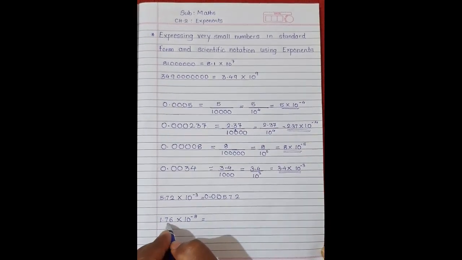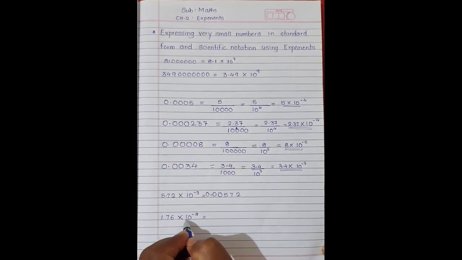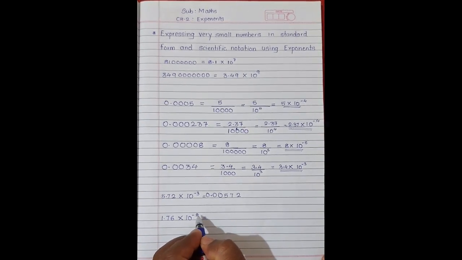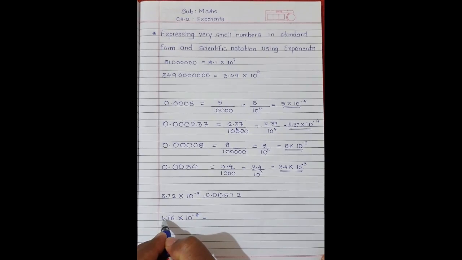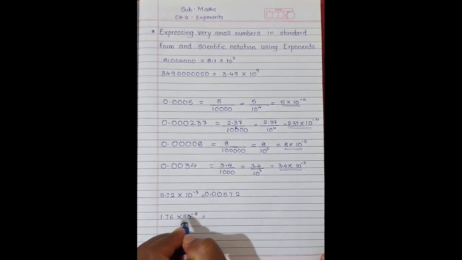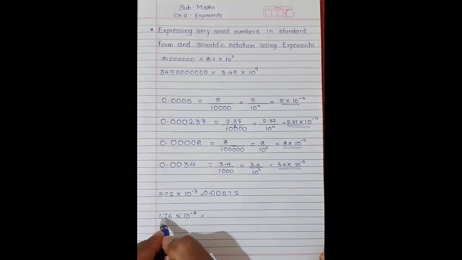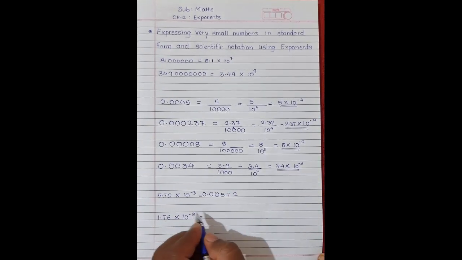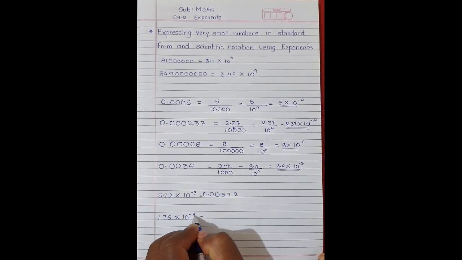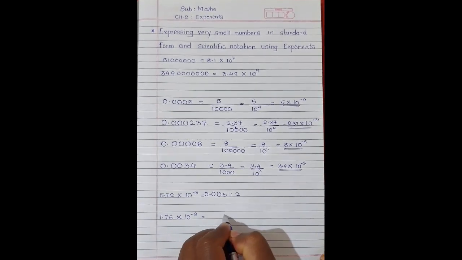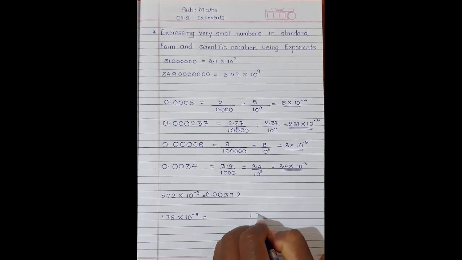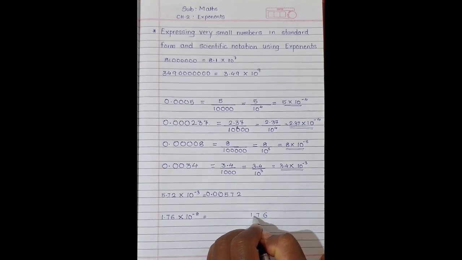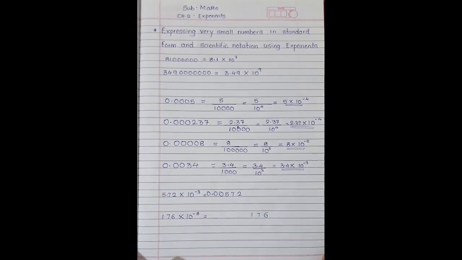Okay, let us do this: 1.76 into 10 raised to minus 8. Since the exponent is negative, while converting this scientific notation into standard form, we will shift the decimal point towards the left side. How many places? 8 places. Before that, write this number as it is, 176. Now the decimal point is here after 1. We have to shift 8 places towards the left side.